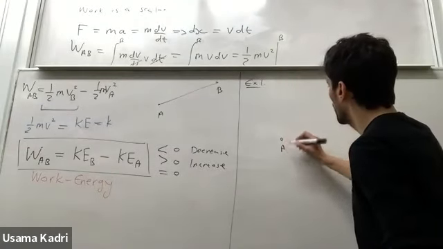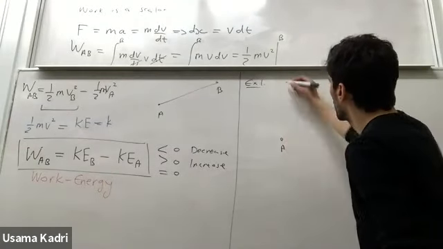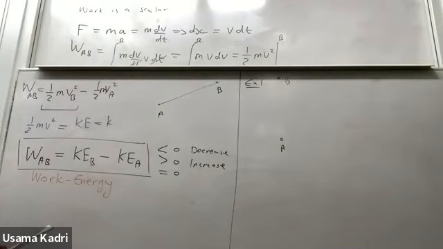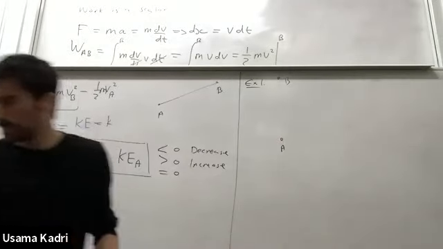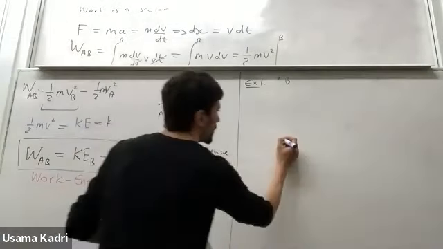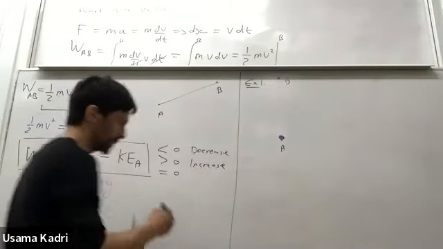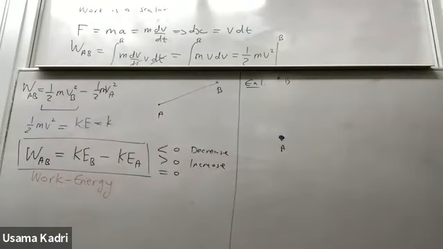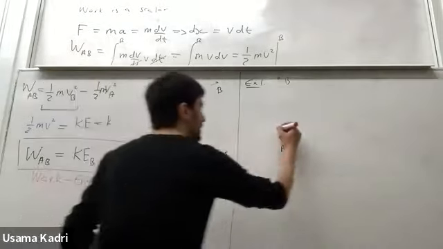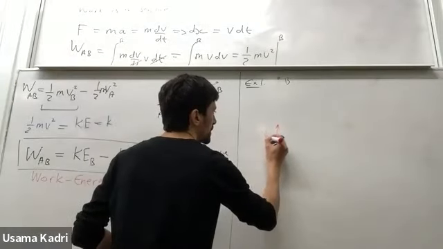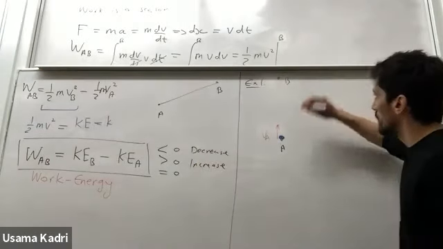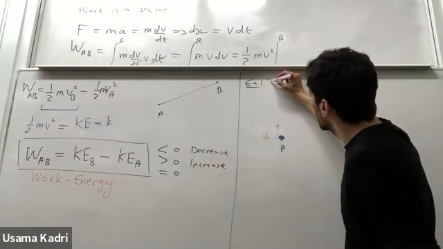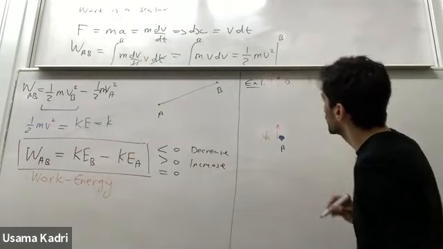This is point A. This is point B. The object is at point A. We give it some initial velocity VA, and it reaches point B with 0 velocity. So at point B, VB would be 0.